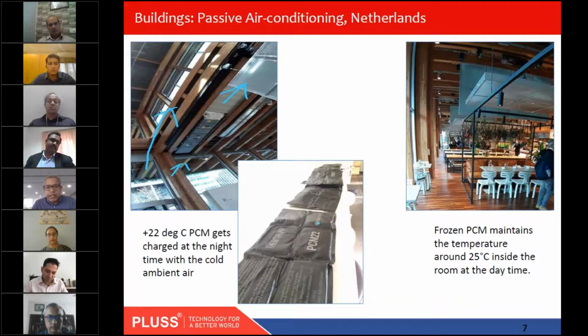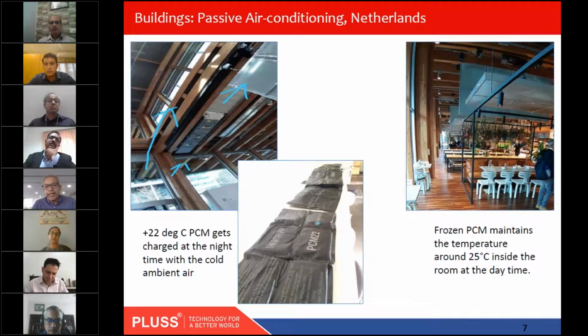Yeah, so this is another building that has been done in Netherlands. Here we are using just the cold air at night. The phase change material that you see in the center, these black pouches, these are in the left picture, they are actually in the whole duct line in that thing in the ceiling.